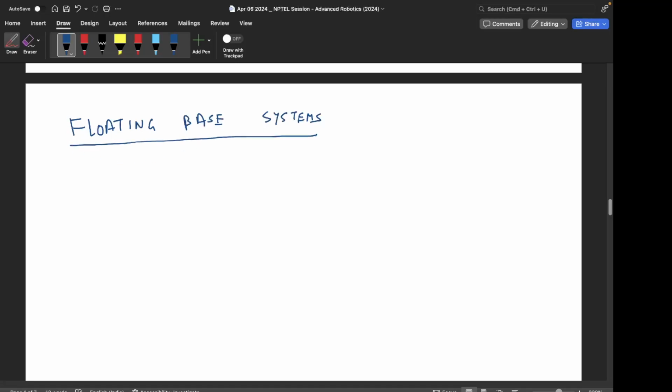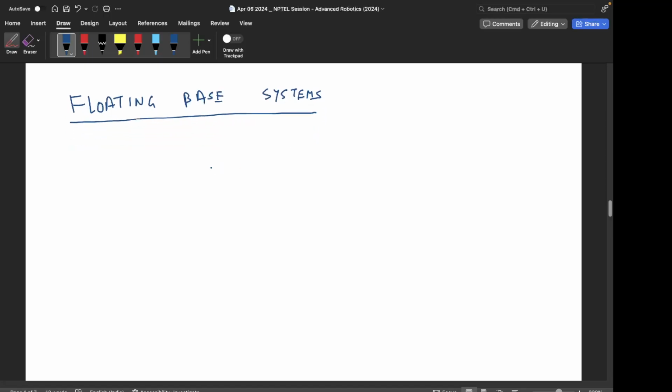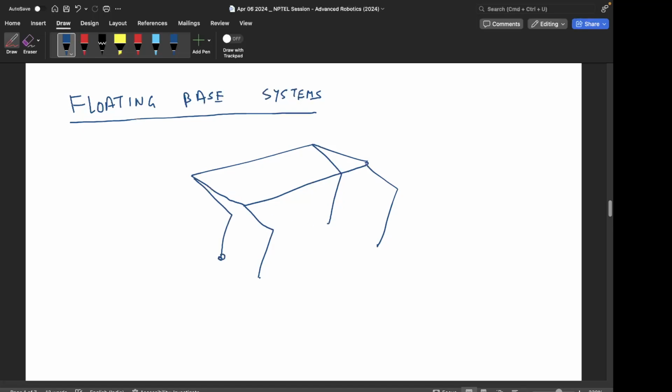The idea is why it's called a floating base: the base of these systems is not controlled directly, right?